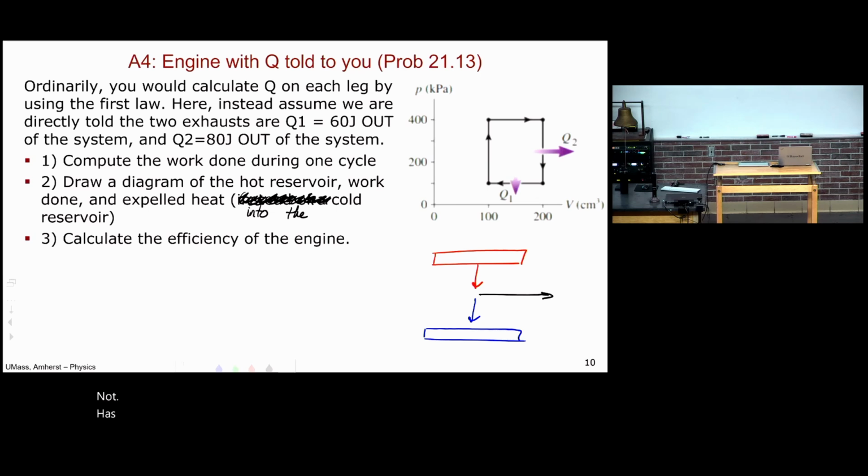Q2 is not the work done. Q2 is being expelled into the cold reservoir. Sorry, the diagram is just weird.